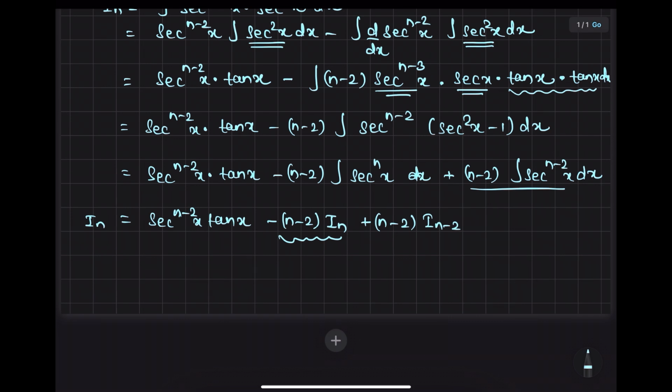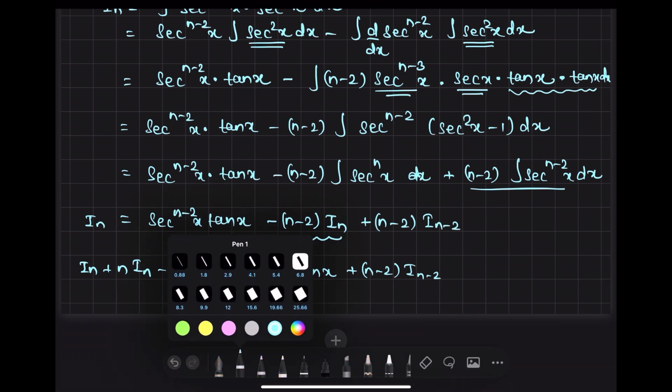Look at this, what will happen. It is In plus n minus 2 times In, equal to sec power n minus 2 x tan x plus n minus 2 I of n minus 2. Now let's write this in simplified form.